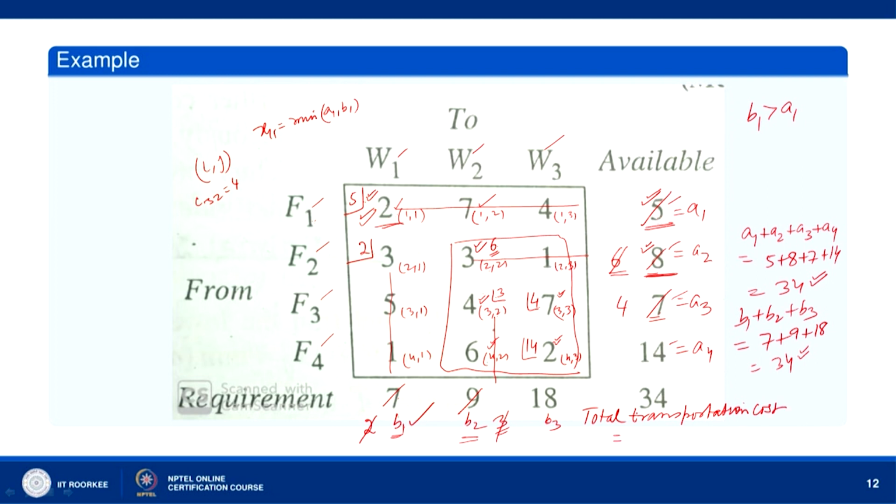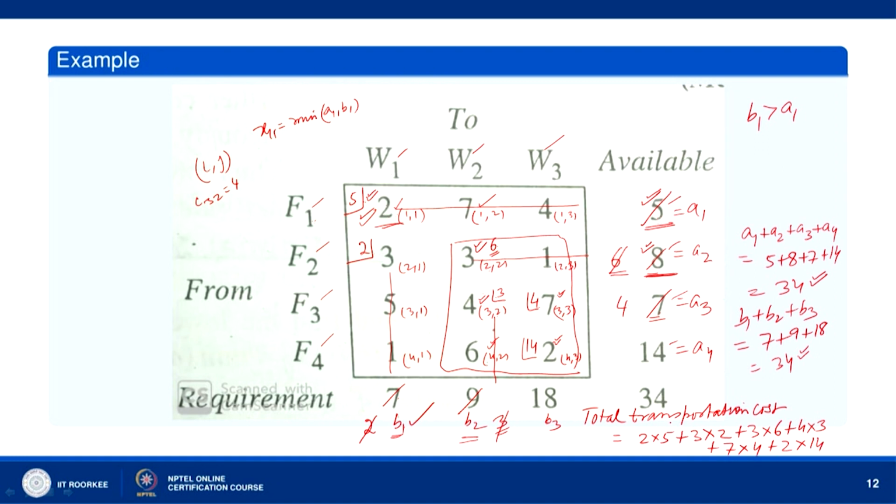you can see 2 into 5, then we have 3 into 2, and then 3 into 6, and then 4 into 3, then 7 into 4, and then 2 into 14.